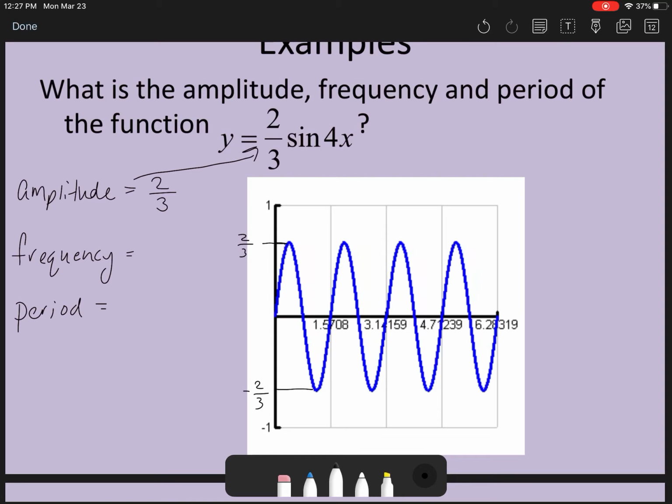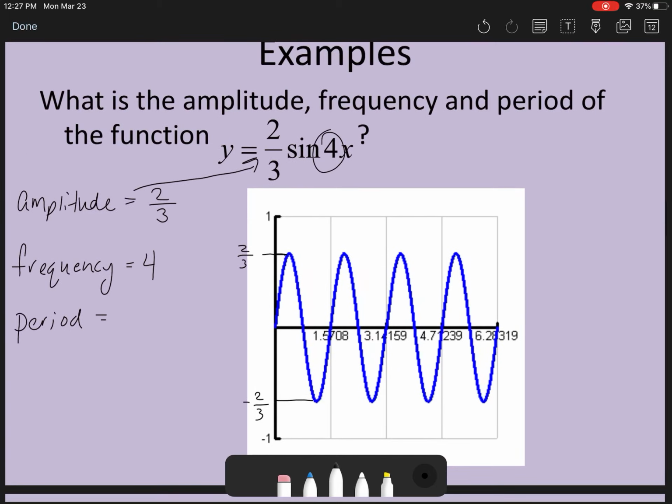This down here would be negative 2/3. The frequency is 4. Okay, that's because that's what I have here. And I can also count 1, 2, 3, 4. For the period, it's 2 pi over 4, which I can reduce to pi over 2.